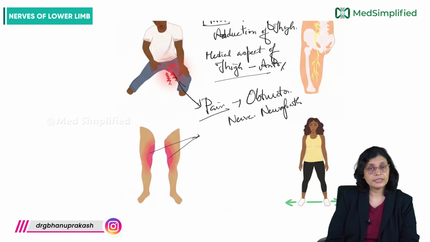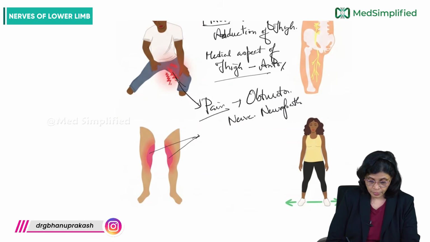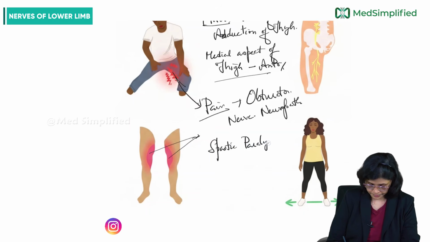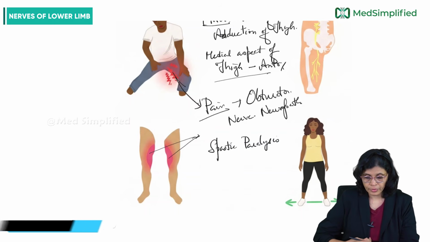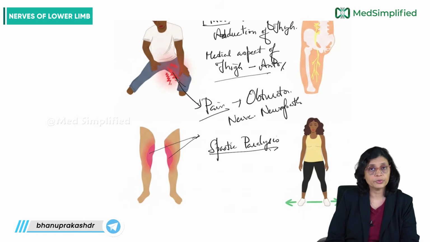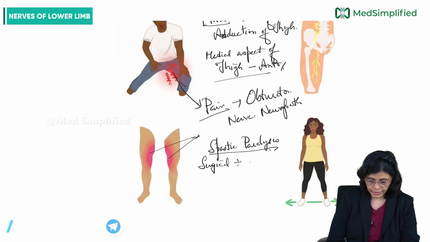Next, the surgical division in cases of spastic paralysis. In case of spastic paralysis, sometimes we do the surgical division of the obturator nerve. So why is it done?